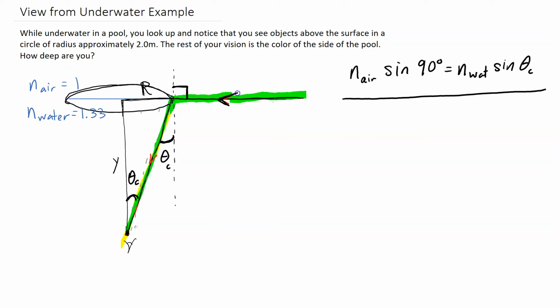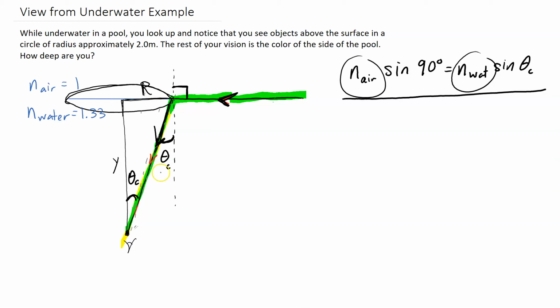That's the incoming light ray, and it continues and bends in this direction at some critical angle, which corresponds to total internal reflection. The index of refraction of air out here is 1. The index of refraction of water is 1.33. I can use this equation to find the critical angle, theta sub c, as I've labeled it.